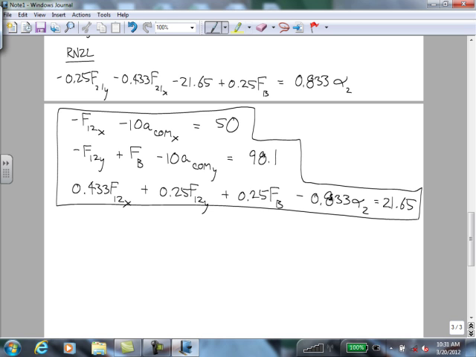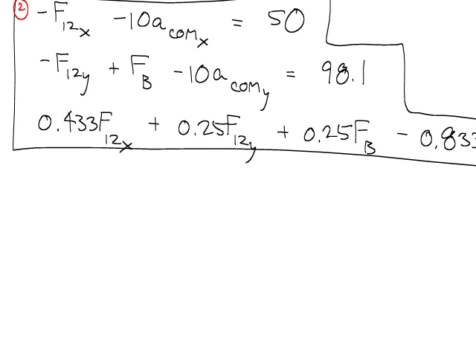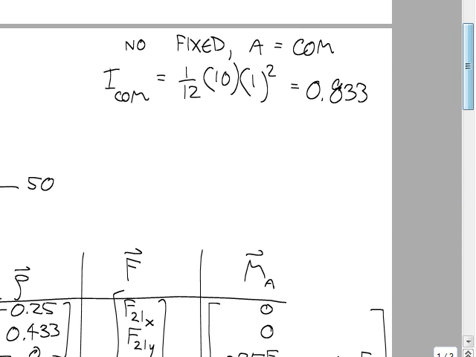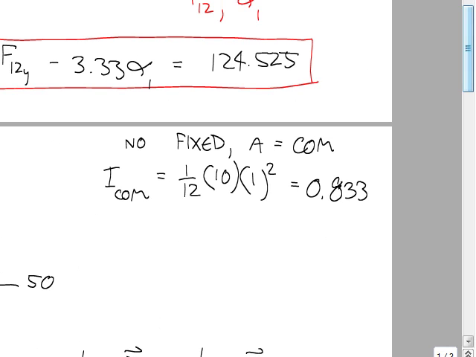So these are equations. We only had one equation before this, so these are equations 2, 3, and 4. And for variables, we still have the ones from the first body, F12 vector and alpha 1.